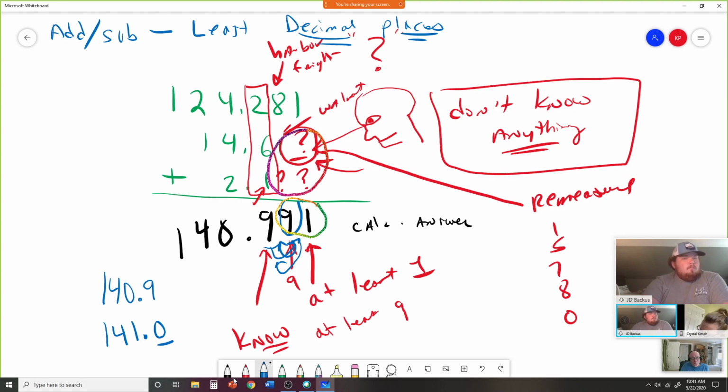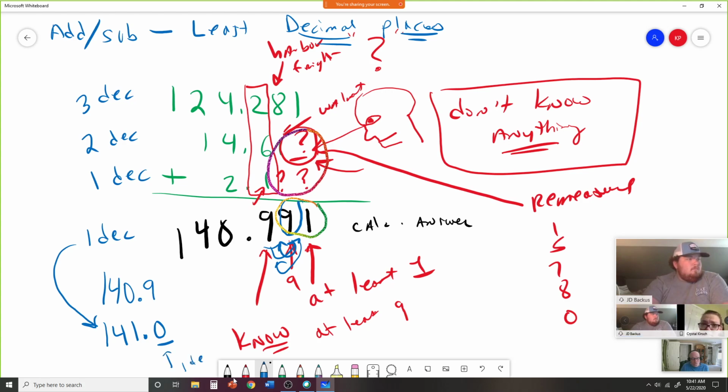So we had 3 decimals here, 2 decimals here, and I had 1 decimal here. So my answer needs to be 1 decimal. And sure enough, that's 1 decimal. Y'all see that? Addition and subtraction, go by the least number of decimals. All right, questions on this so far?